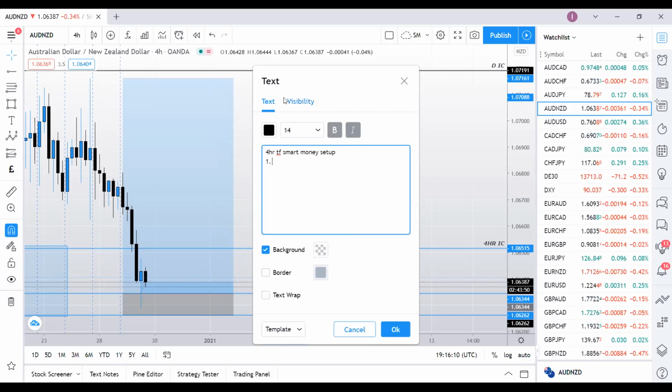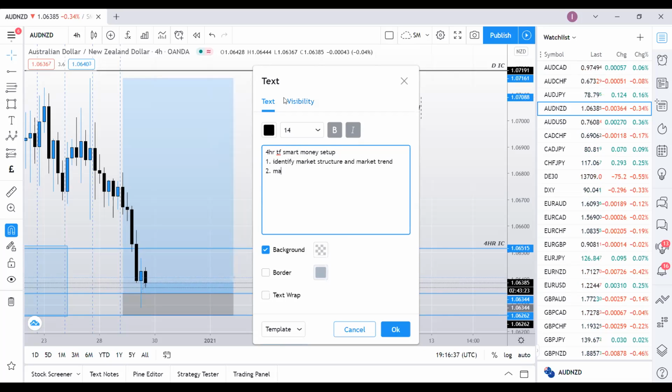One, first identify market structure and trend, so if it's an upward trend or a downward trend, and where the highs and higher lows are.